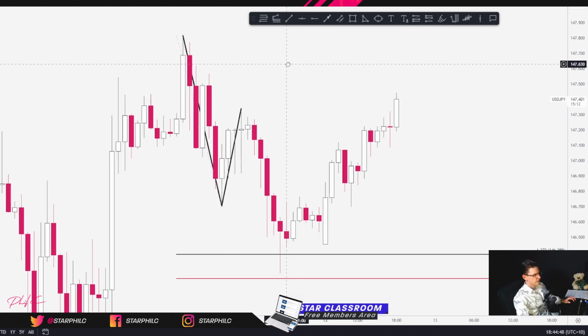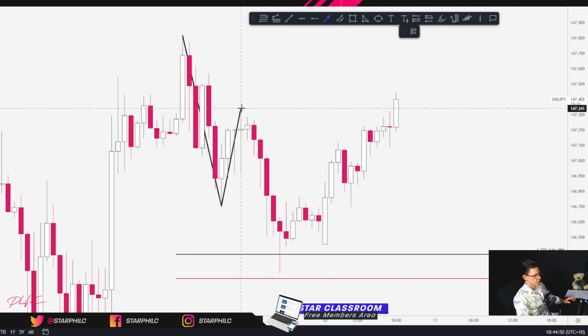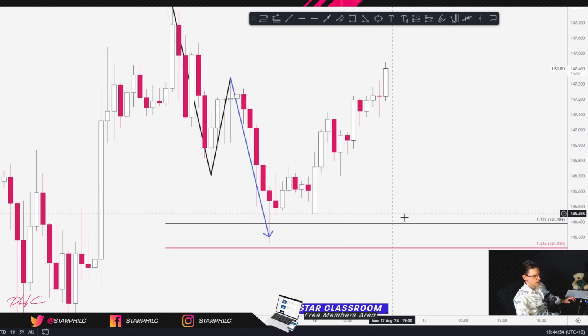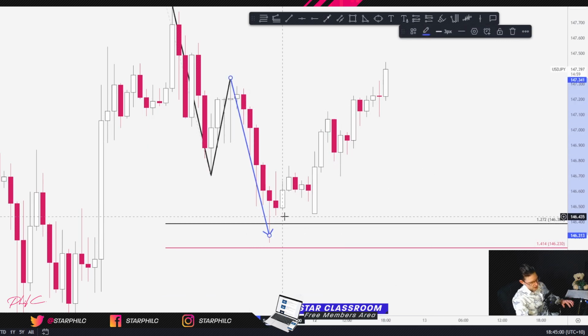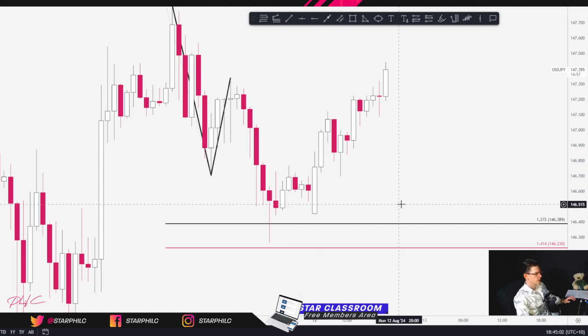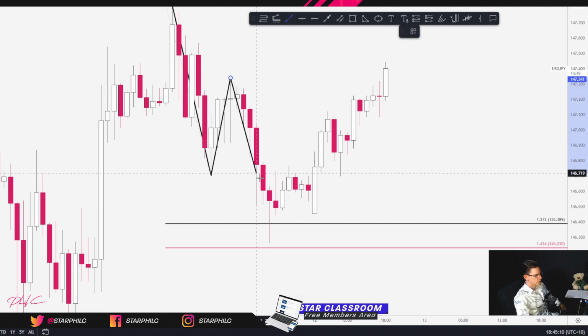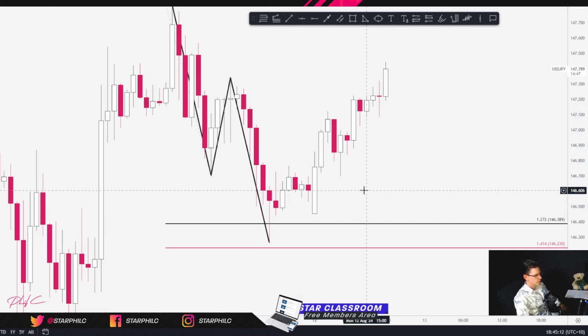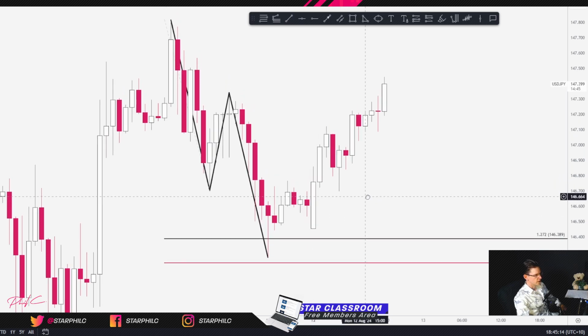Now what you can see here is price action came all the way down and is pressed all the way down into our 127 Fibonacci extension. Now as price action does that, we hit our criteria 2. So condition 2 is met here. Price action pushed all the way down into our 127 there.